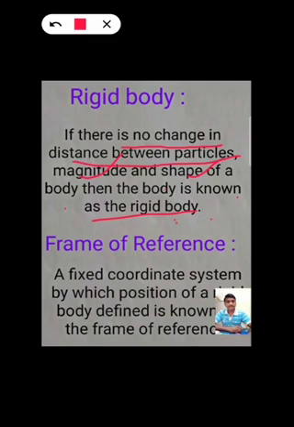So the first frame of reference is bus and the second frame of reference is earth. According to the first frame of reference, the person is at rest. According to the second frame of reference, the person is in motion. Thus the same object may appear in different states of position due to different frames of reference.